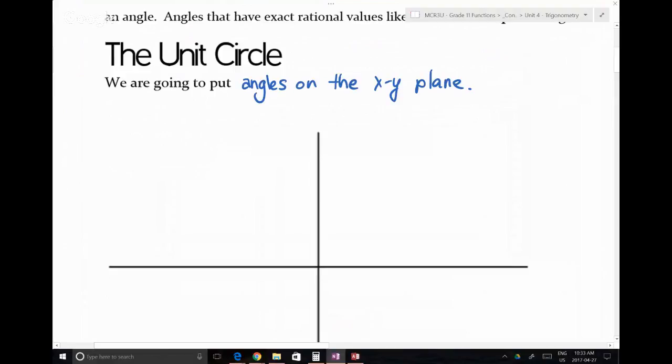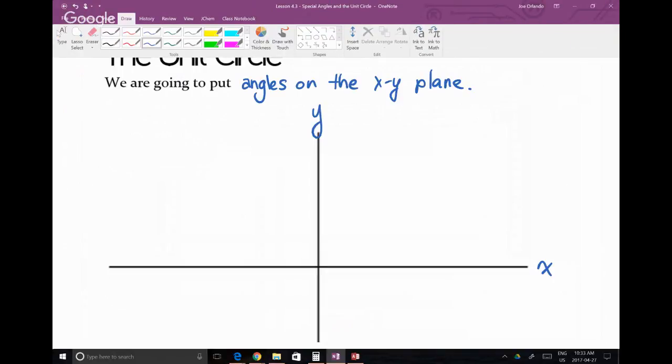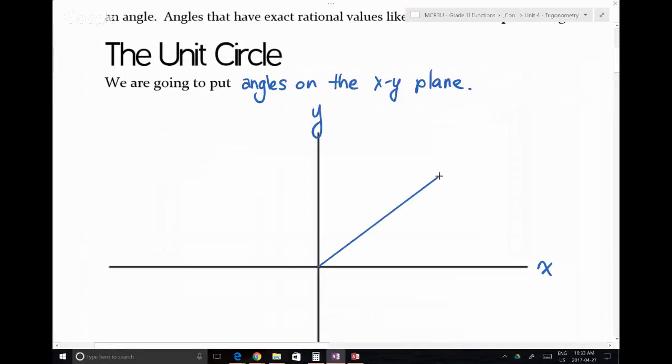And specifically, we're going to put them on the xy plane like this. That's the x-axis, that's the y-axis. We're going to start at the origin, right here in the middle, and we're going to draw a line out like this. And we're going to define that line as being exactly 1 unit long.